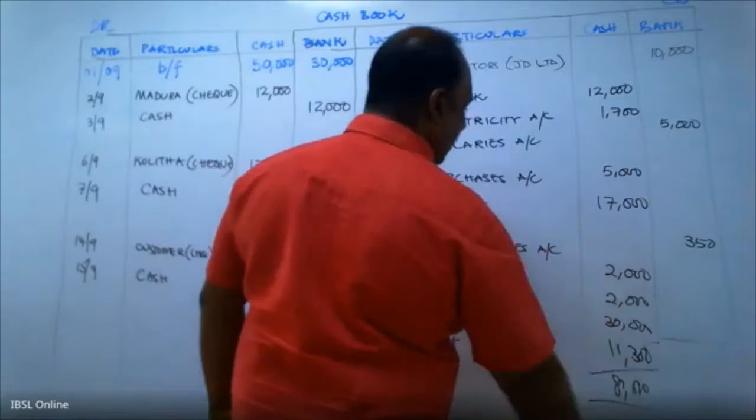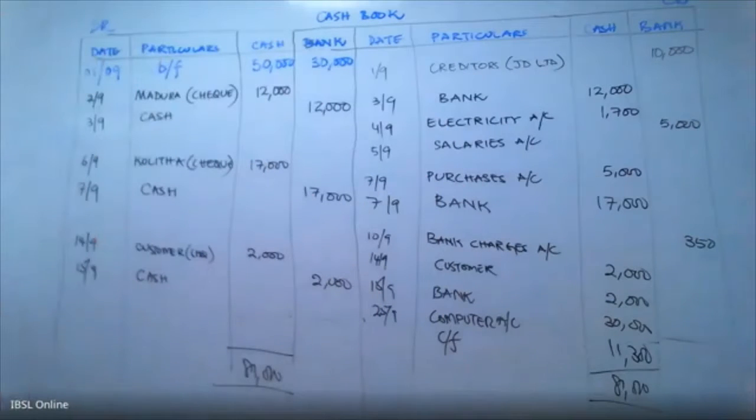You have to work for yourself. 30, 34, 51, 56, 68, 69,700, 70, 80. Yes, very good. 81.